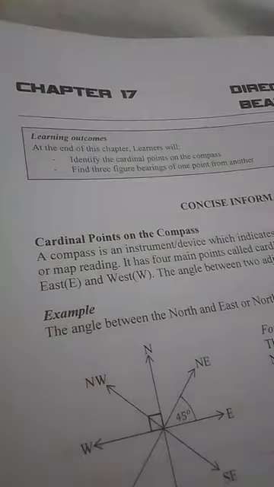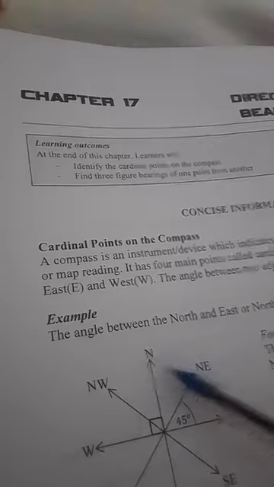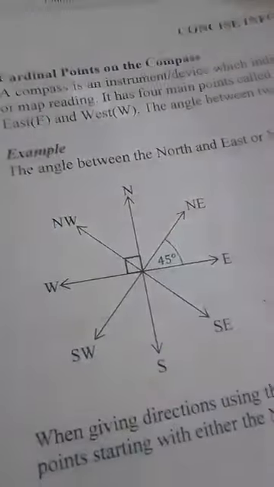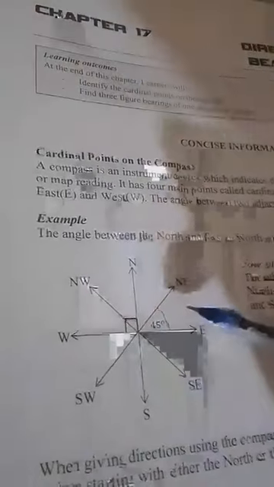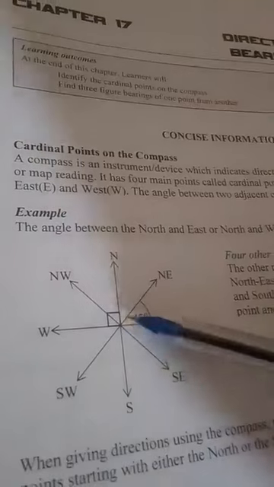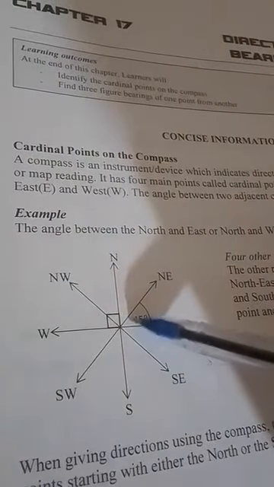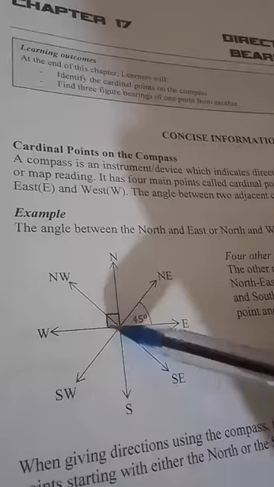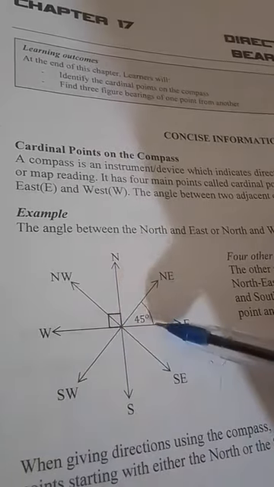The angle between north and east, or north and west, is 90. So this one is 90, this one is 90, this one is 90. Do you understand?